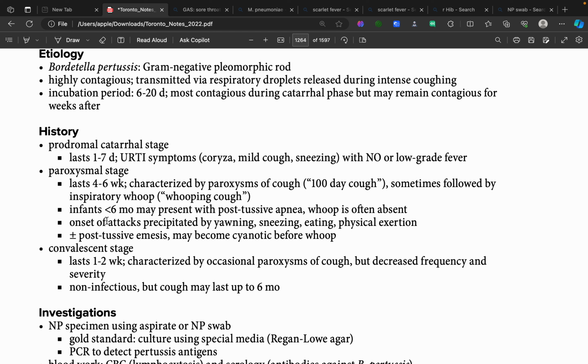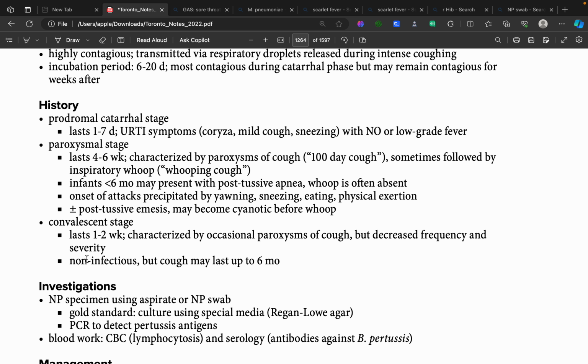So infants less than 6 months may present with posttussive apnea. Posttussive apnea. Whoop is often absent. Onset of attack precipitated by yawning and sneezing and physical exertion.